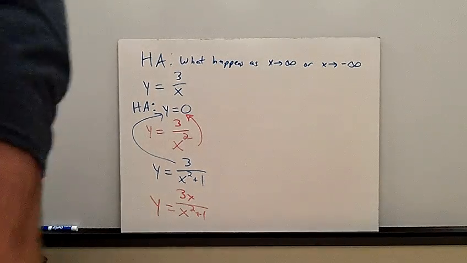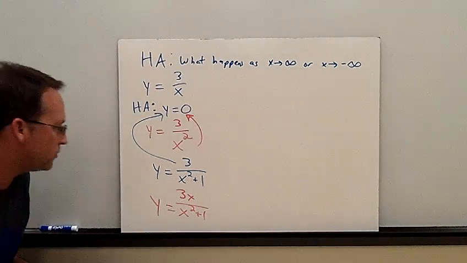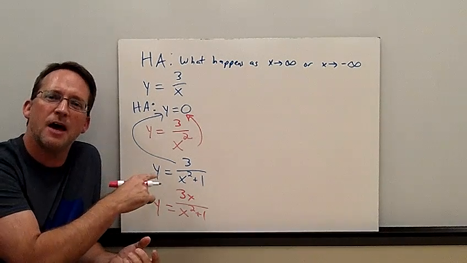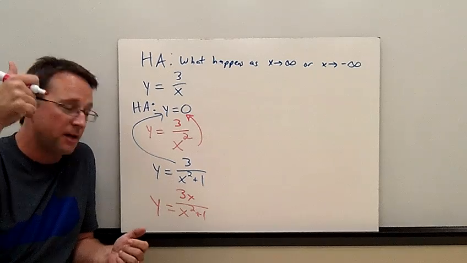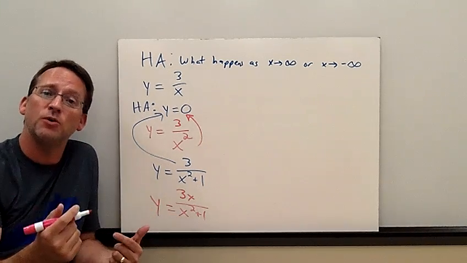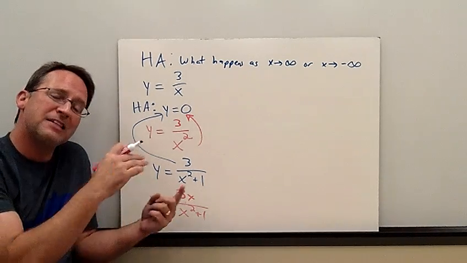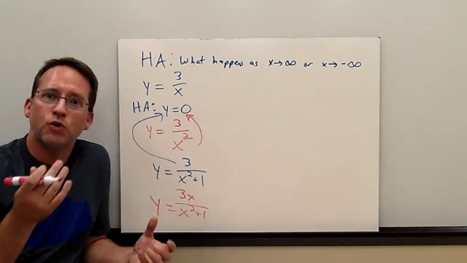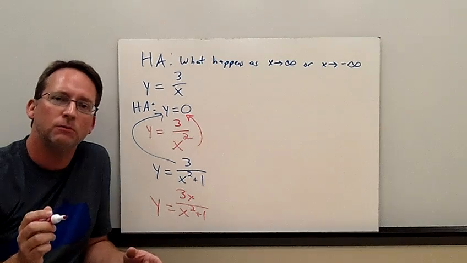Now, 3x over x squared plus 1. Well, now what happens as x gets really, really big? What happens at the top? It gets big. What happens at the bottom? It also gets big. So both the top and the bottom are heading toward infinity. Which one's getting bigger faster, though?